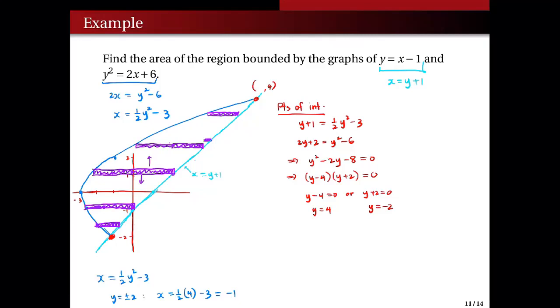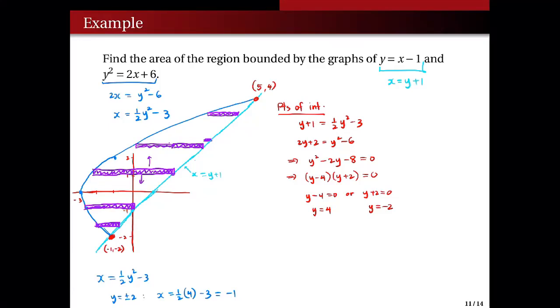The x, well, it's just 5. x equals 5, y equals 4. But we don't care about the x values. The point of intersection down here is (-1, -2). But again, we don't care about the x value.